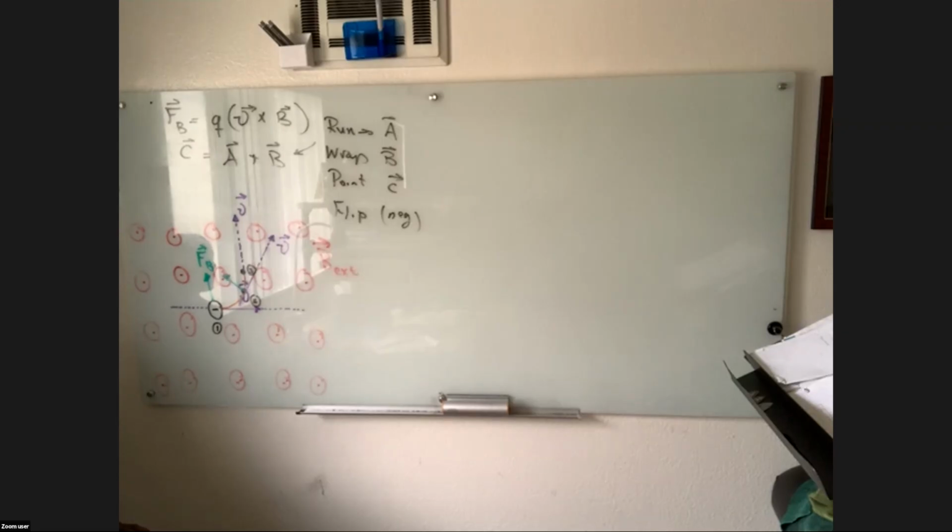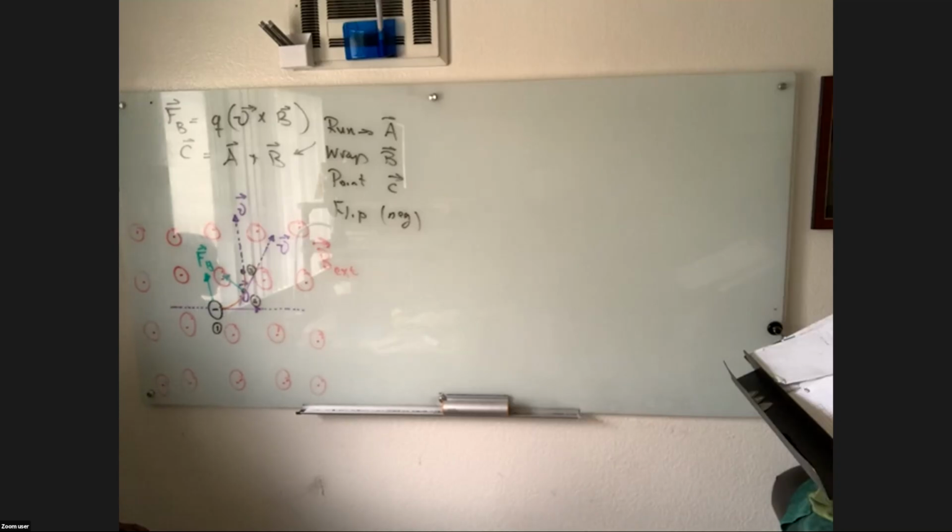And in the case of a negative charge, you still would have to flip. Again, if the charge is negative, whatever that final direction of your thumb is, you'd have to flip it 180 degrees. So that's what you're doing. Your index finger points in the direction of the velocity of the particle. The middle finger will then point in the direction of the external field that particle is moving within.